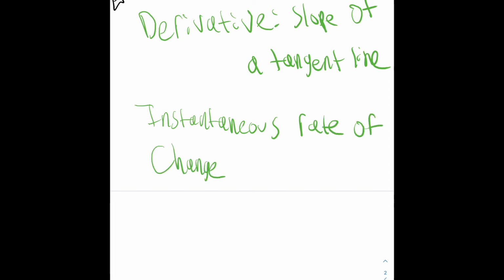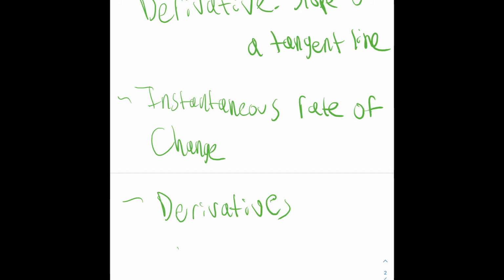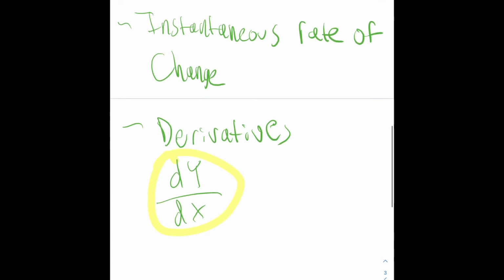Which occurs at our tangent line. So some of the ways that you will see derivatives written is dy over dx. When you see this right here, that means find the derivative.